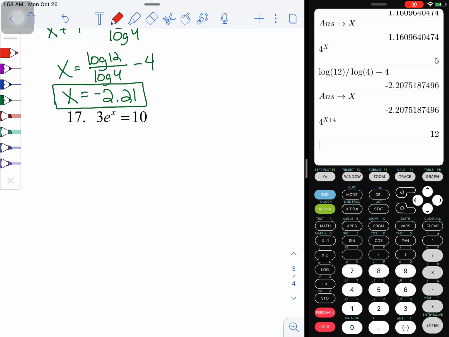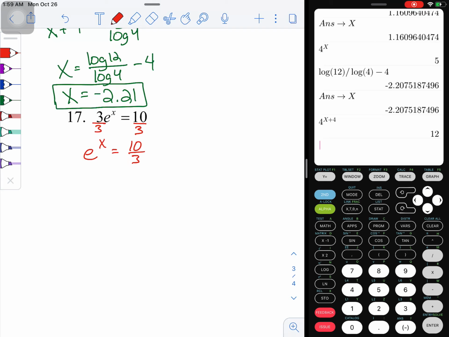Okay, so we have 17 here, which is 3 e to the x is equal to 10. So I'm actually going to start by dividing both sides by 3, so this way I can get e to the x all by itself. So I've got 10 over 3.